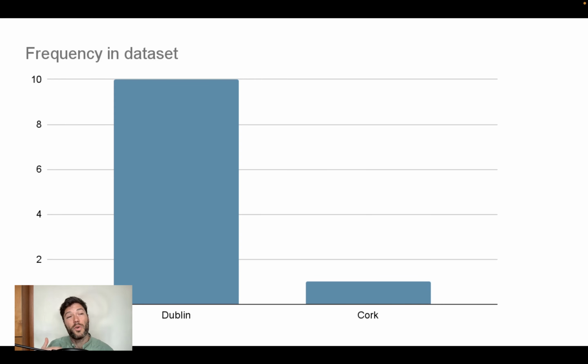It might be hard to overcome them by just feeding more and more data into the model until the right answers kind of win out. And so direct preference optimization gives us a different approach where rather than just adding in more examples with Dublin, we specifically penalize the examples with Cork. So it's like we can almost remove the Cork example, or at least move the model away from the Cork example and towards the good example.